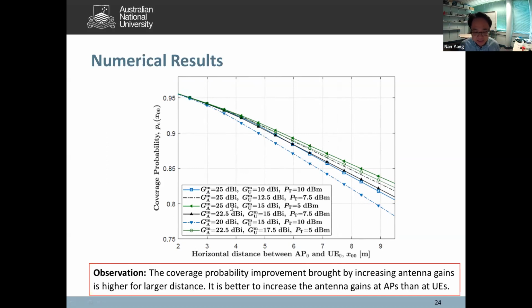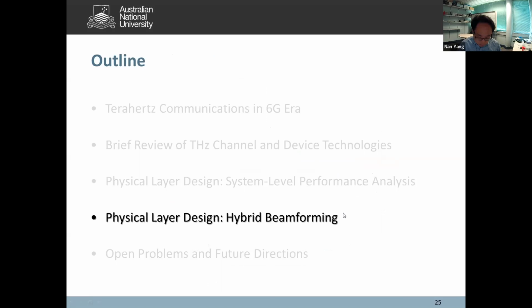We can see in this figure that the coverage probability improvement brought by changing the antenna gains is much higher when we have a larger distance between the AP and the user. In this case, we also show that it is better to increase the antenna gain at APs rather than at the users. So these are our key results. This is what we have been doing for the system level analysis.